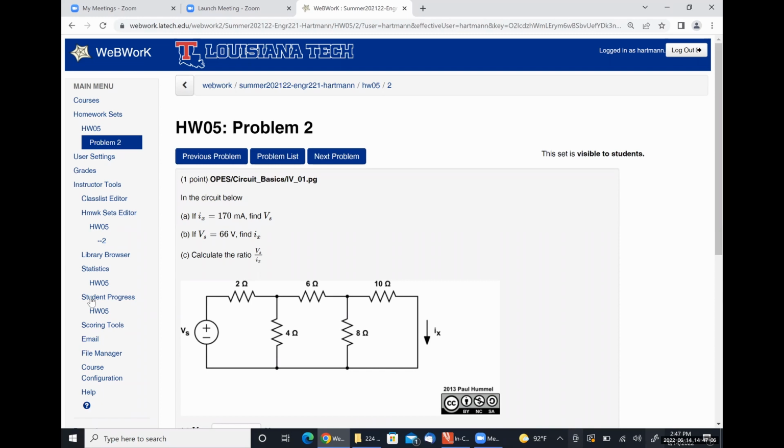If you're able to solve B, then you can use the scaling factor to determine A, and then C is simply the ratio of your results, okay? So this is a great problem to practice the application of the scaling property. Only do analysis for A or B, and then use the scaling property to get the other result.